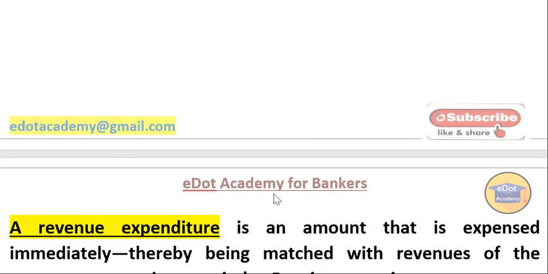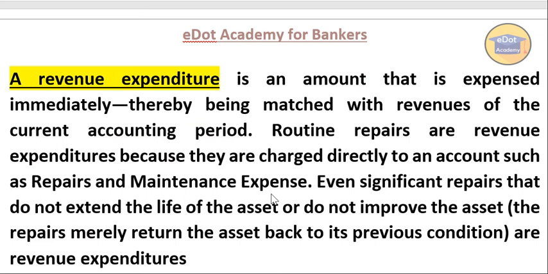Okay, now moving ahead, what is revenue expenditure? So revenue expenditure is an amount that is expensed immediately. That means it is restricted to only one accounting period. And not only that, routine repairs are revenue expenditure because they are charged directly to an account, such as repairs and maintenance expenses.